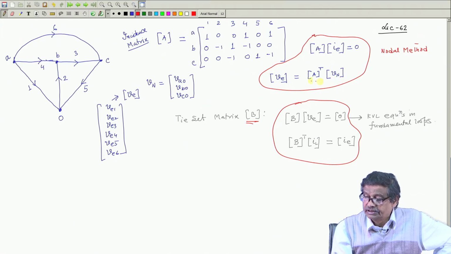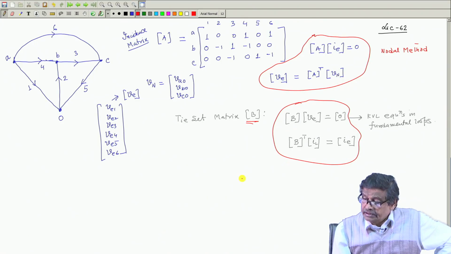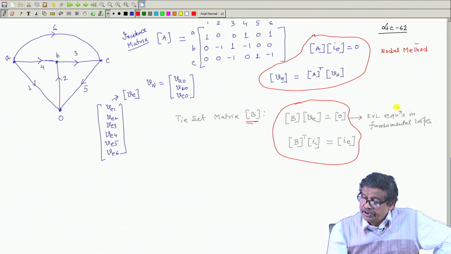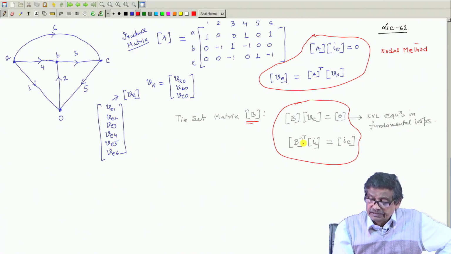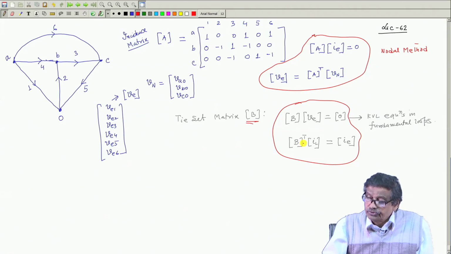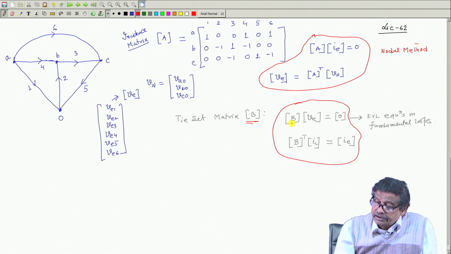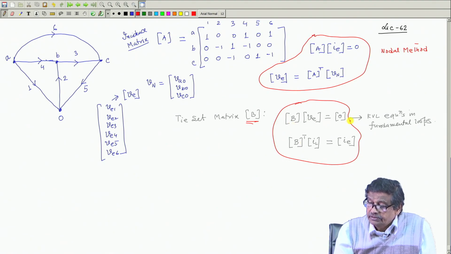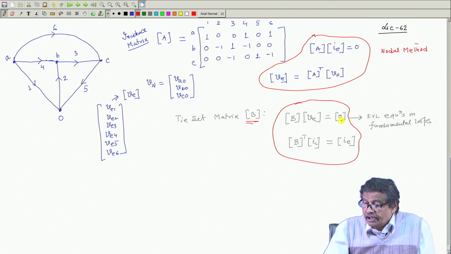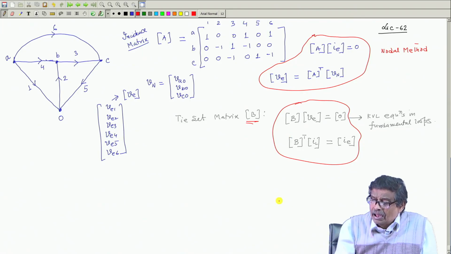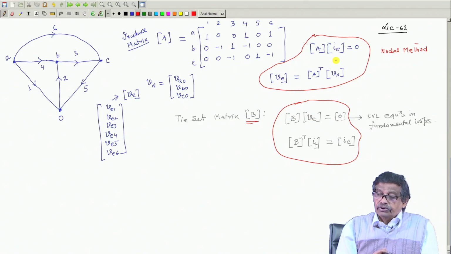So, this equation will be necessary. Similarly, this matrix B will be utilized to solve network problems by loop equations. So, I have to write down the KVL equation B V equal to 0, and then I have to find out the loop currents using this one. I must relate loop currents with the element currents, and about the dimensions I have already told you.